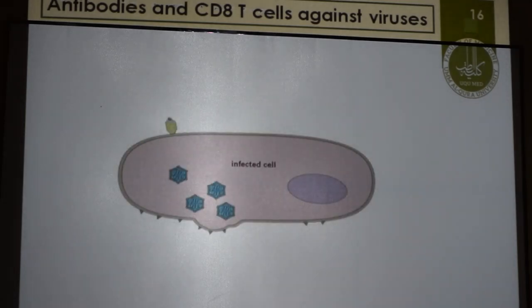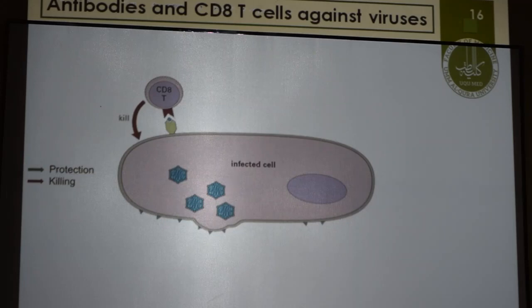Now we will see how both components of the adaptive immune system are going to deal with the virus. So first, this green color is going to show the protection, while red color is going to show the killing. CD8 cells recognize the virus infected cells with the help of MHC class 1. It's going to kill this cell with perforins, granzymes, Fas ligand, all those mechanisms.